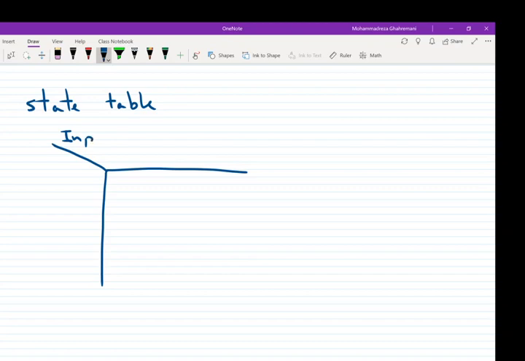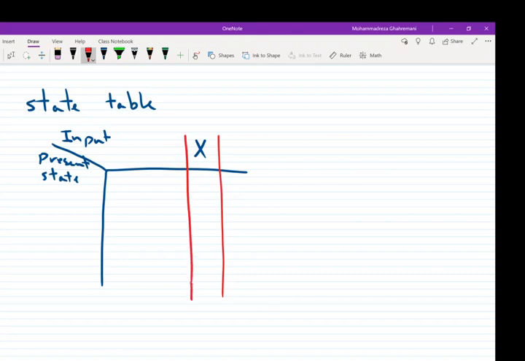Columns show input, rows are present state. And for example, we say if input is X and present state is lowercase q, we move to uppercase Q and the output is Z.